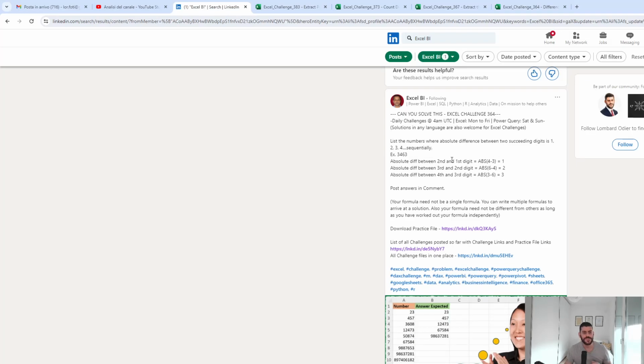Example 3, 4, 6, 3. Absolute difference between second first digit is 1. Okay, third and second is 2. Fourth is 3. Okay.